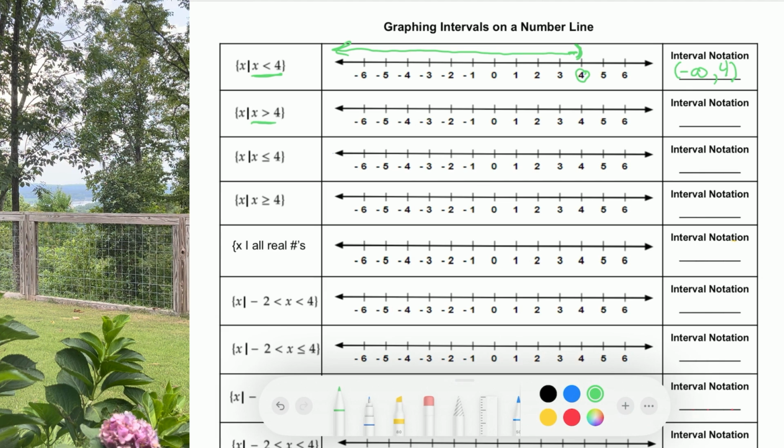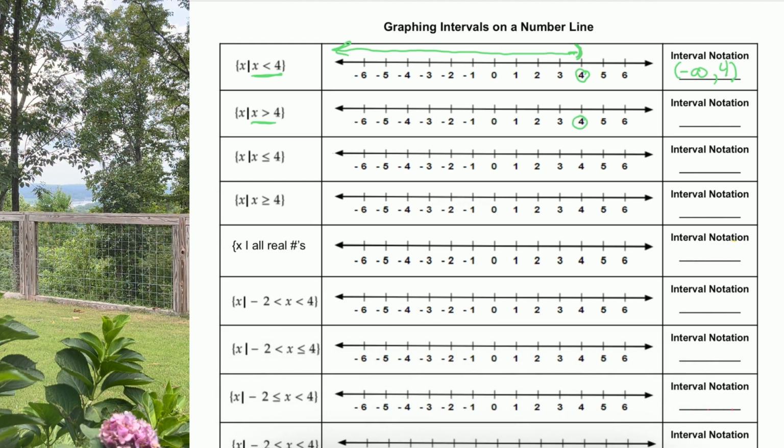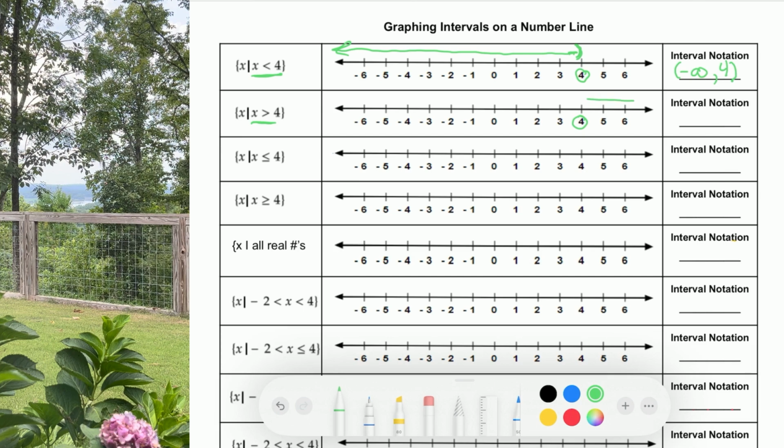Now we have x is greater than 4. So 4 is still our reference point, but the values of x are greater than. So I'm going to go in this direction here. Again, 4 is not included because it doesn't have the or equal to, so I'm going to have a parentheses at the end.